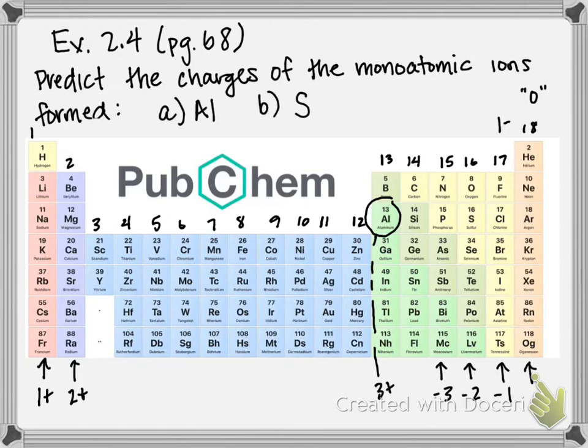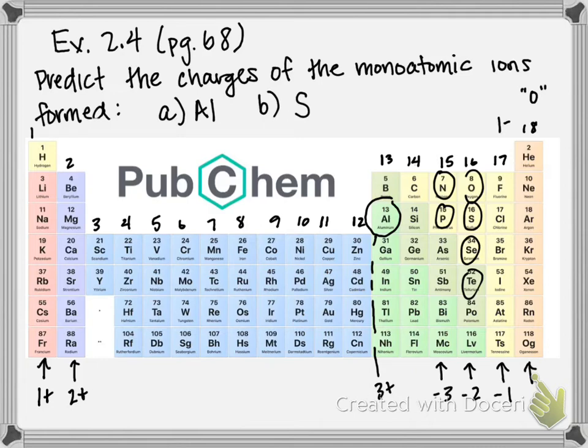Now, not all of the elements in these groups behave this way. Typically in Group 15, it's really only nitrogen and phosphorus that behave this way. In Group 16, it's typically oxygen, sulfur, selenium, and tellurium that behave consistently.